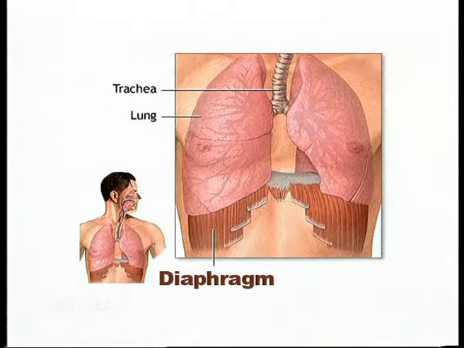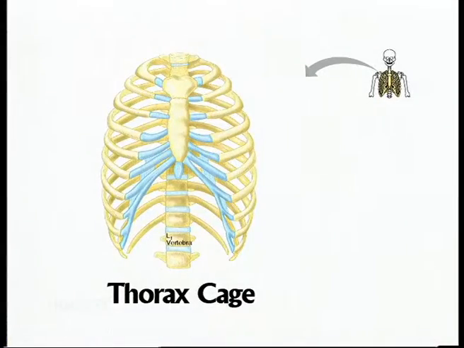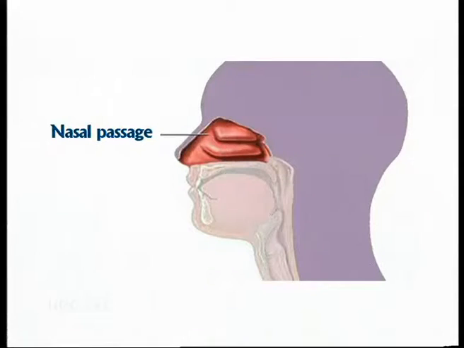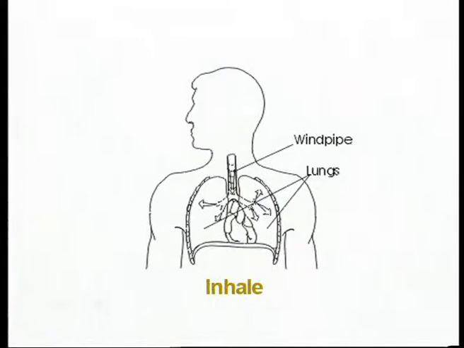First, the diaphragm contracts, goes towards the downside and becomes almost flat. When the diaphragm becomes flat, the volume of the thoracic cage increases and pressure decreases. To maintain the pressure, oxygen rich air enters into the lungs through nasal passages. This is normal inspiration.